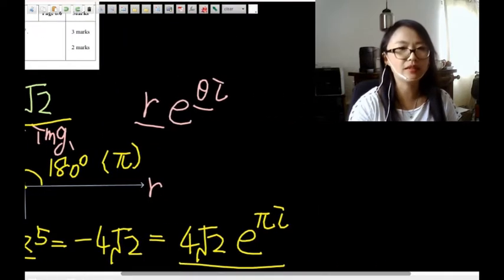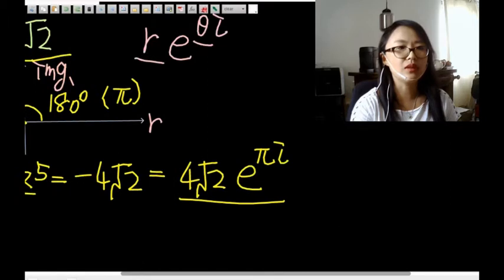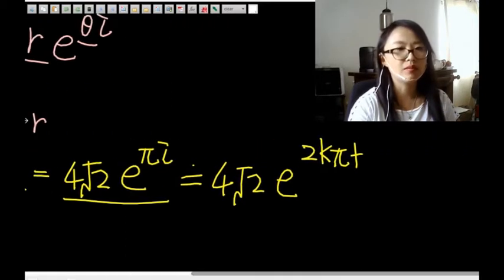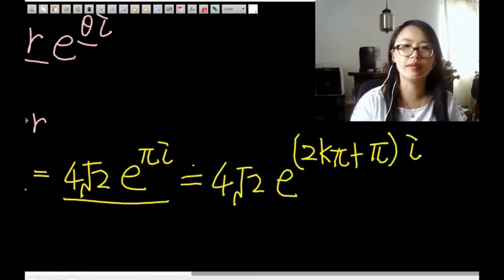The next step is to do the roots of this, but before we do that, we're going to add one thing, which is 2k pi. We add the 2k pi exactly next to pi: 2k pi plus pi, and then we put everything in brackets, and then we put i.